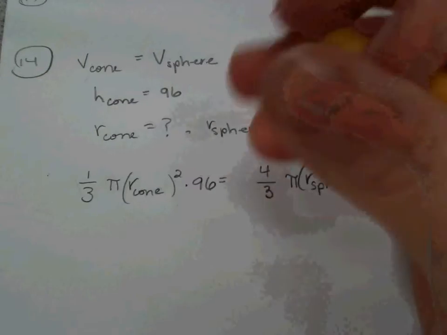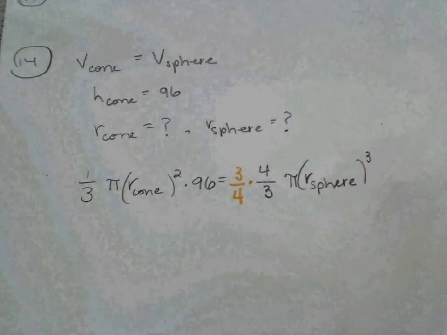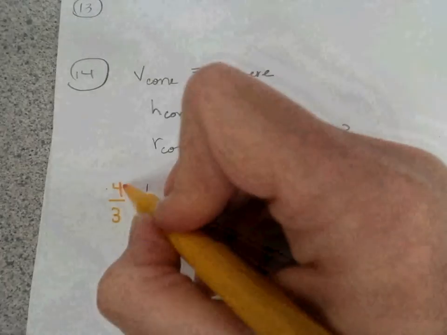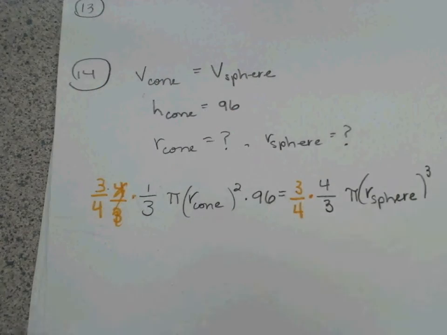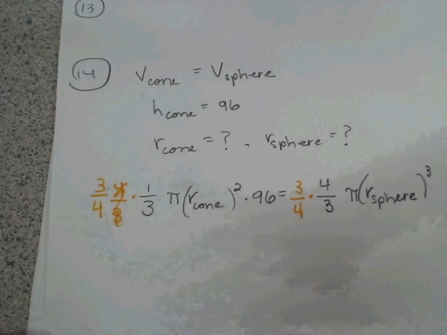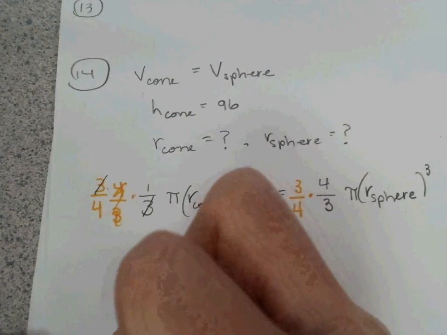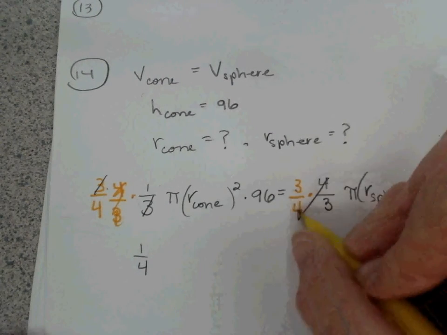If these were equal, let's go ahead and get rid of this fraction here by multiplying by the reciprocal. 4/3, so the reciprocal is 3/4. I need to multiply both sides by the same thing, which cancels out the 3 and the 3, so now I'm left with 1/4. And then these cancel out.